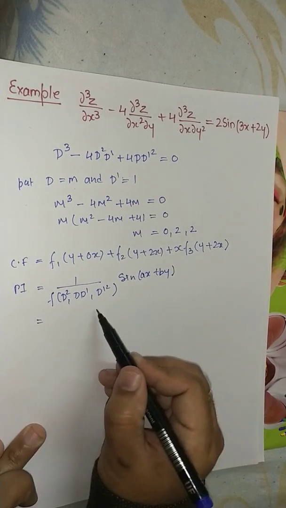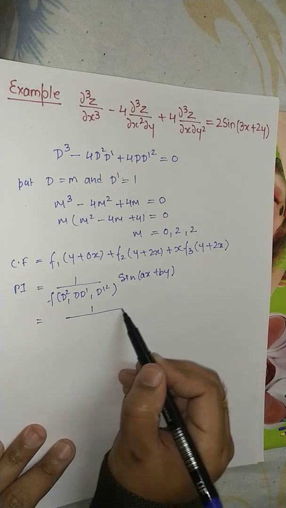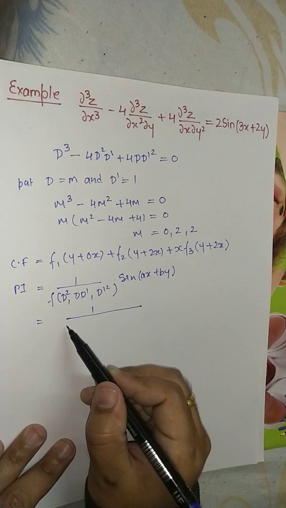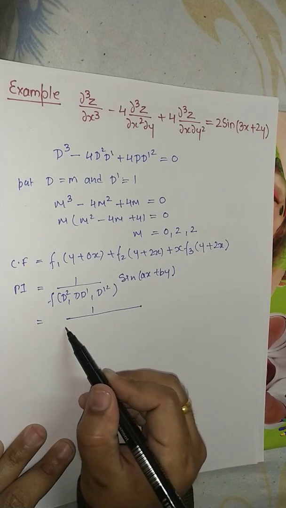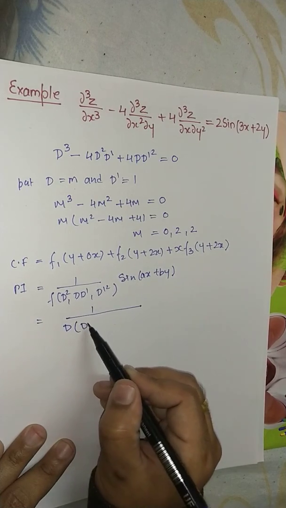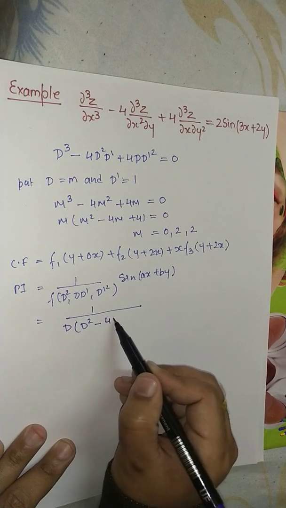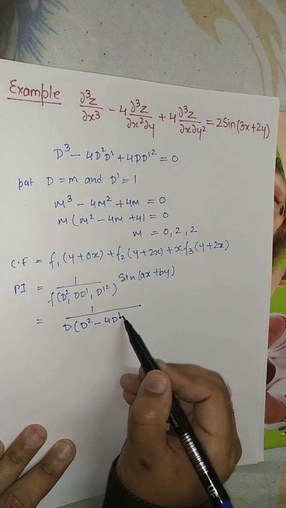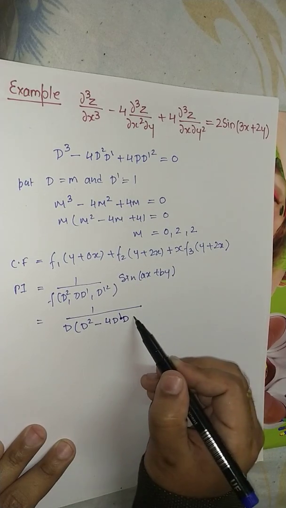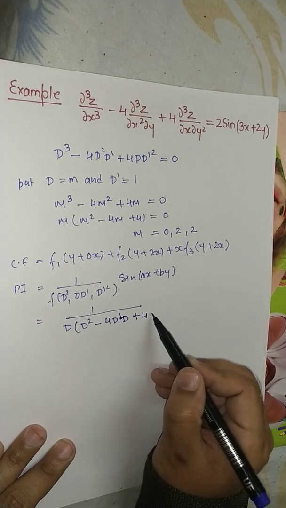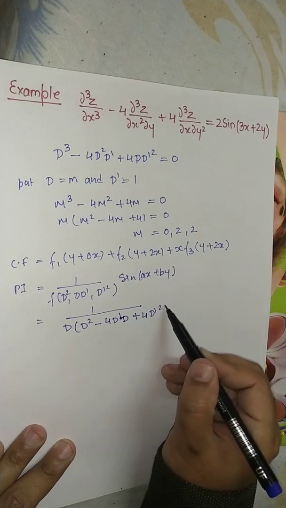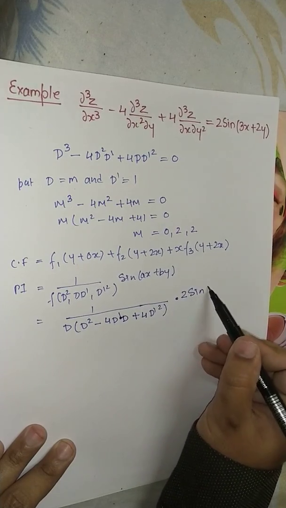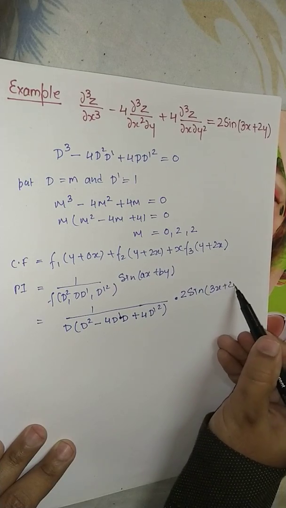So now this is 1 upon, let's keep the D as a common D. Now this is D square minus 4DD dash plus 4D dash square, dot twice sine of 3x plus 2y.